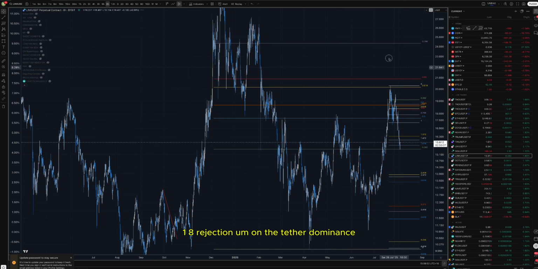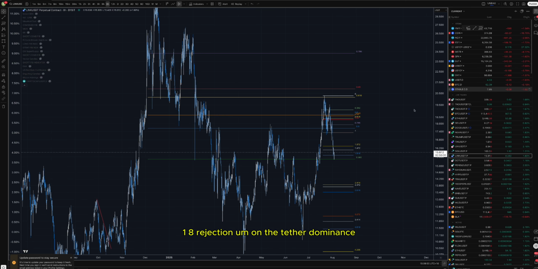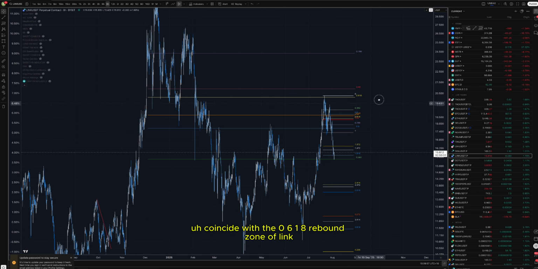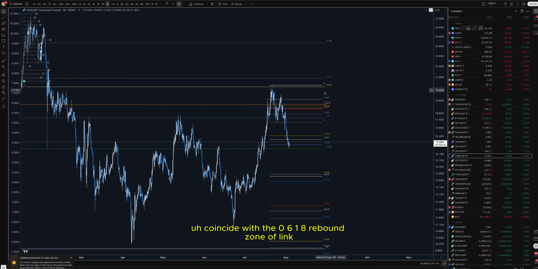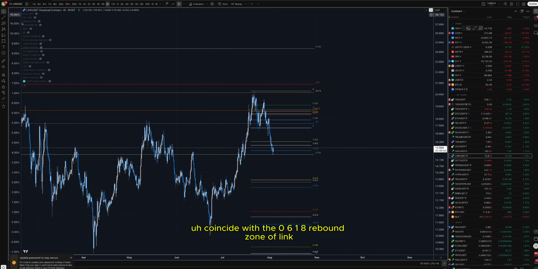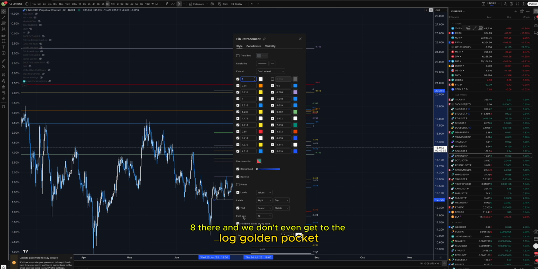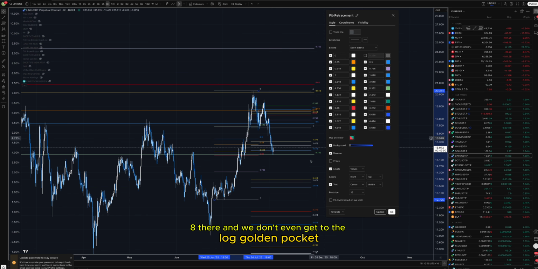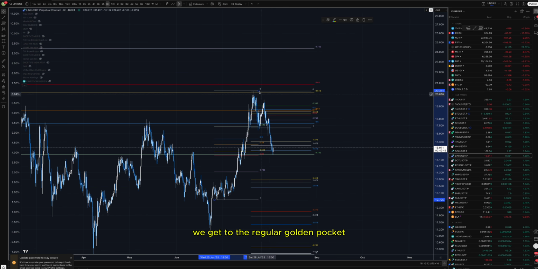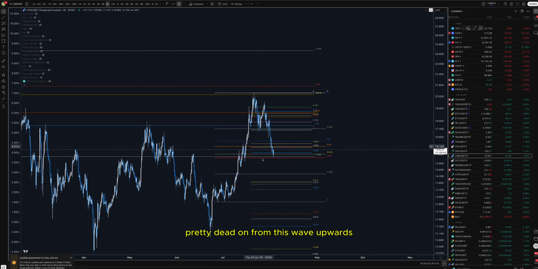We had the 1618 rejection on the Tether dominance coincide with the 0618 rebound zone of Link. Got the 1618 there, and we don't even get to the log golden pocket. We get to the regular golden pocket pretty dead on from this wave upwards.